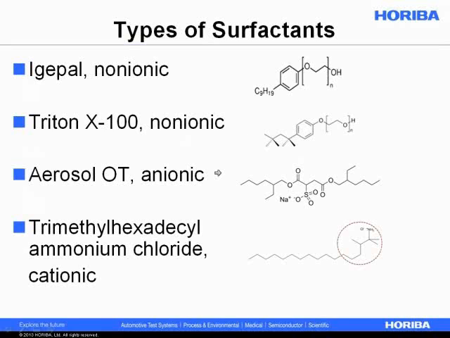If we need to use an anionic surfactant, I think the most common one we use is Aerosol OT, although it's a solid and you have to prepare this in advance. You don't just reach for Aerosol OT and use it 2 minutes later. And for cationic, trimethyl hexadecyl ammonium chloride is just one of the examples I found where maybe we'd want to use a cationic surfactant. We use cationic surfactants frequently for organic molecules.